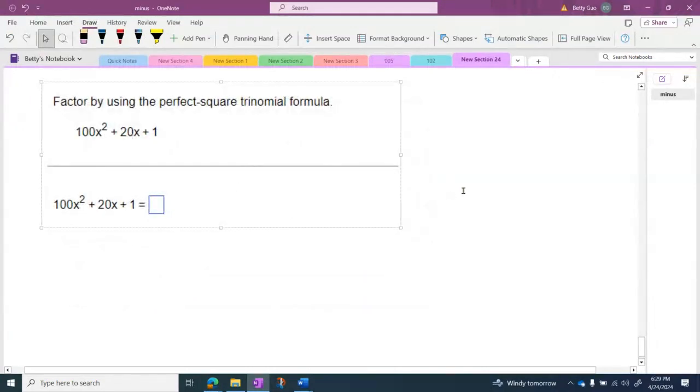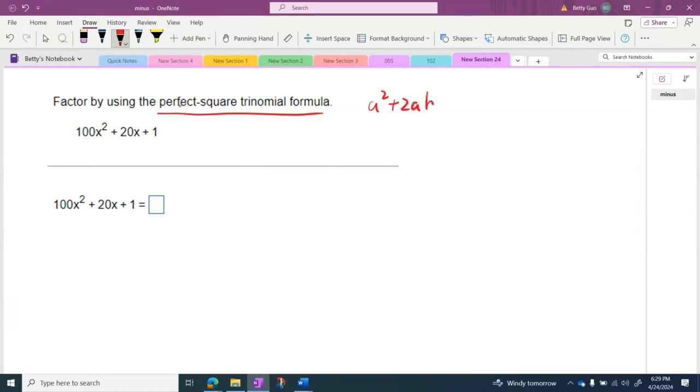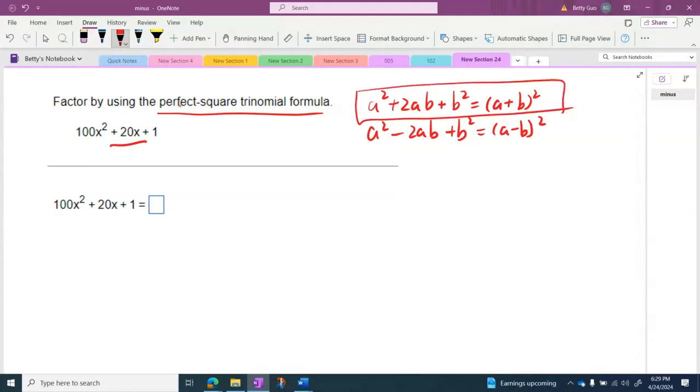Factor by using the perfect square trinomial formula. Okay, so if they specifically said use the formula, what you would do is write down the two formulas. Since the middle term is positive, we're going to use the first formula.